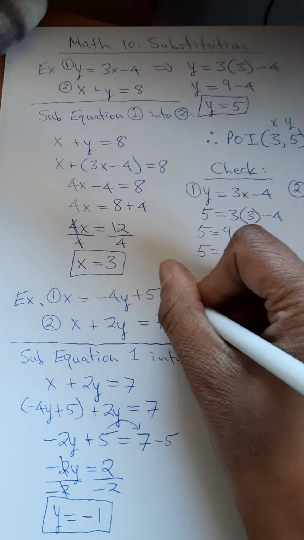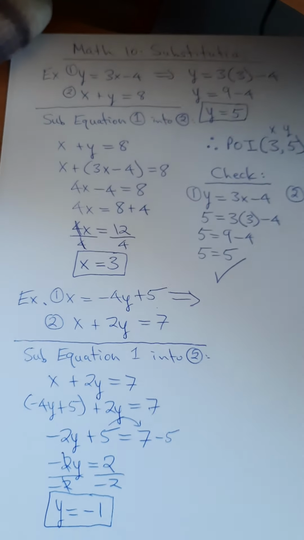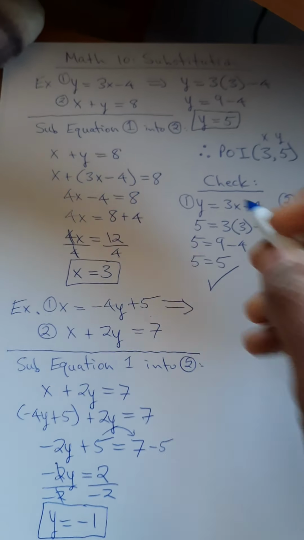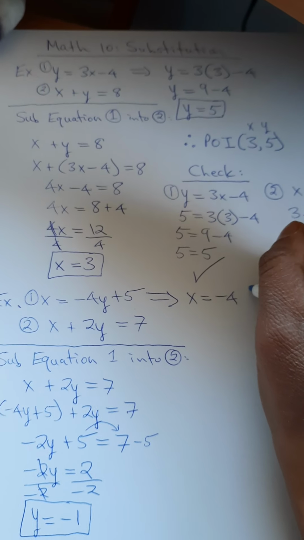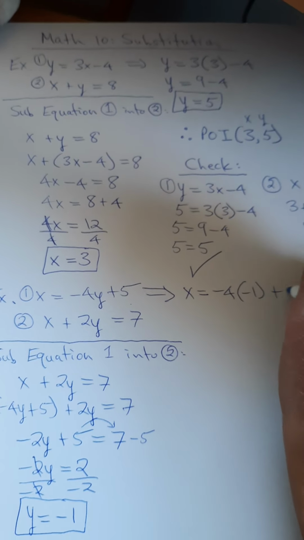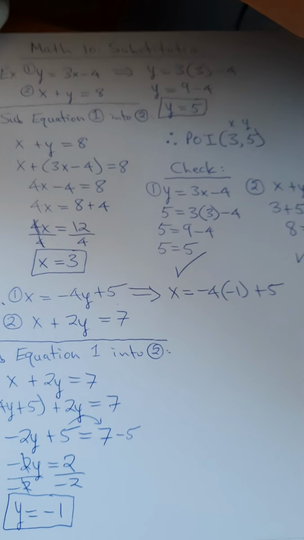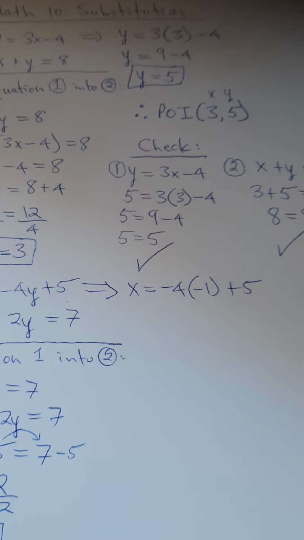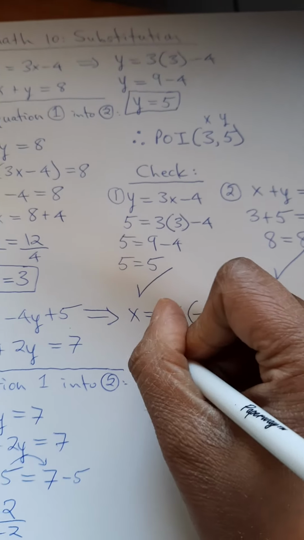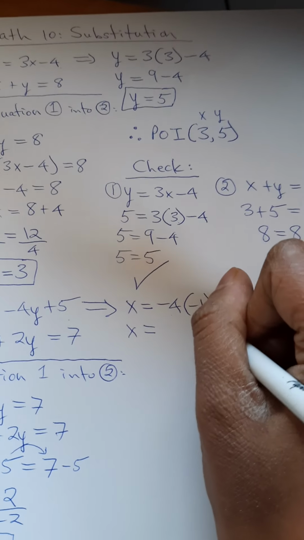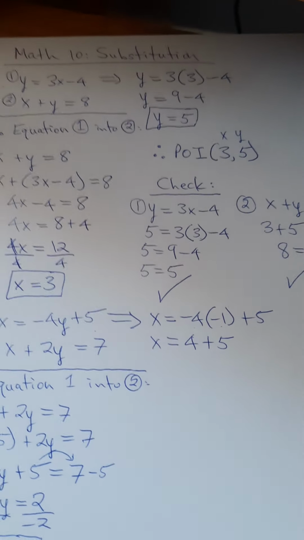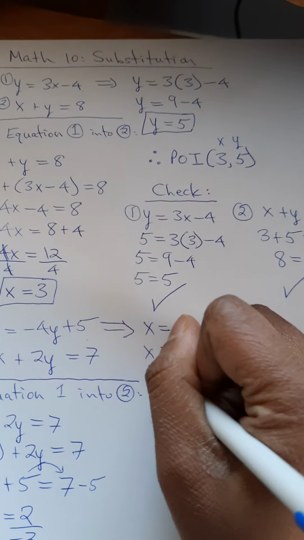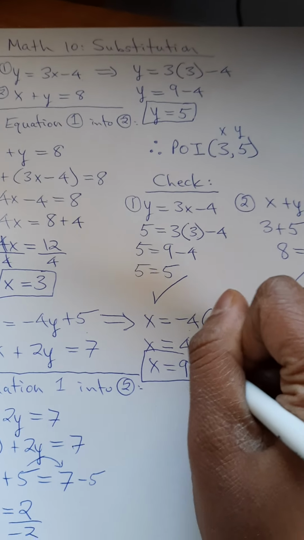And again, I want to substitute it into this first equation because the x is already isolated, so I don't have to do any extra work here. So x equals negative 4 times negative 1, positive 4, plus 5, and x is equal to 9.